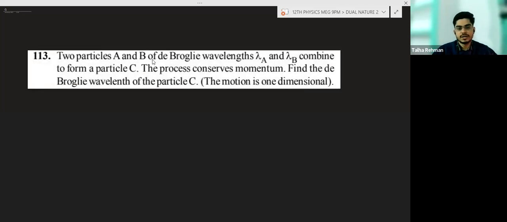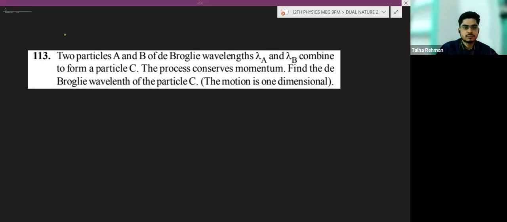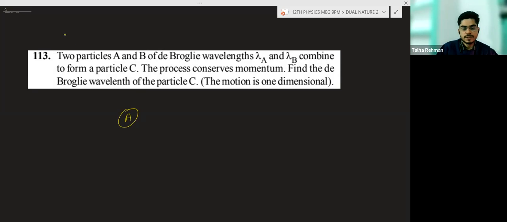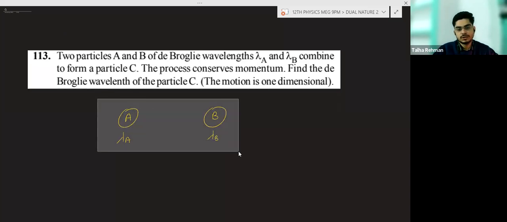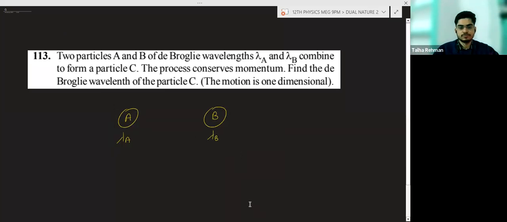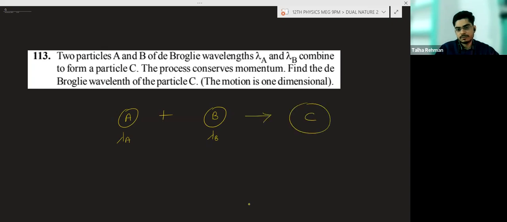Two particles A and B of de Broglie wavelength lambda A and lambda B. This particle is A, this particle is B, having wavelengths lambda A and lambda B. They combine to form a particle C. So both are combined and they form a particle C. And we have to find the wavelength of this particle C.